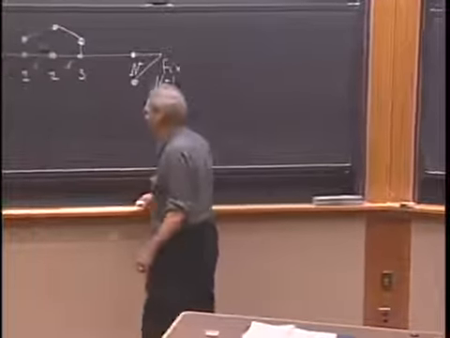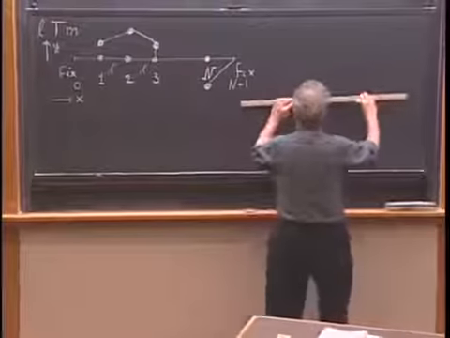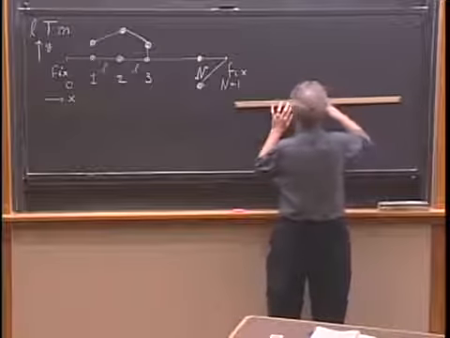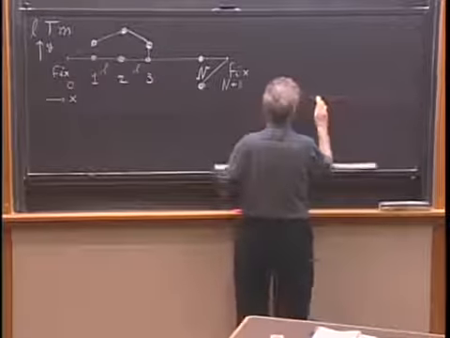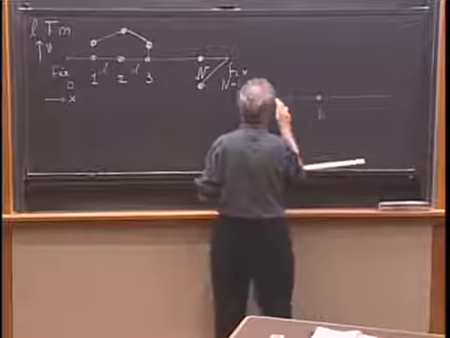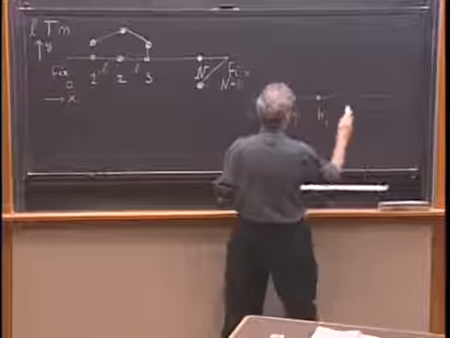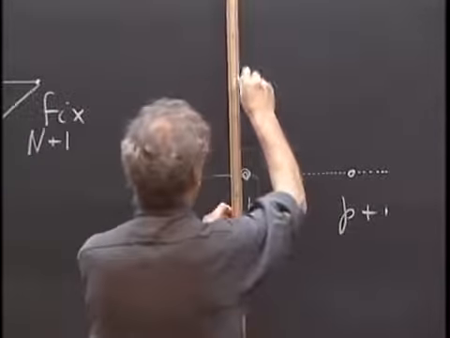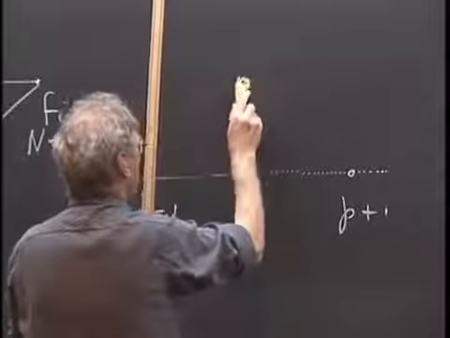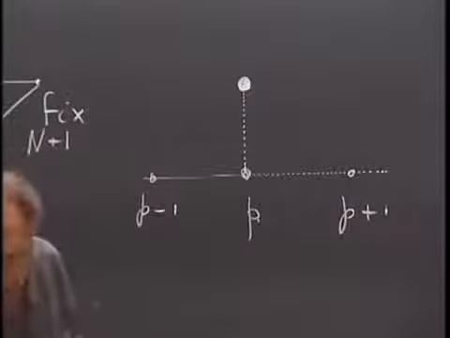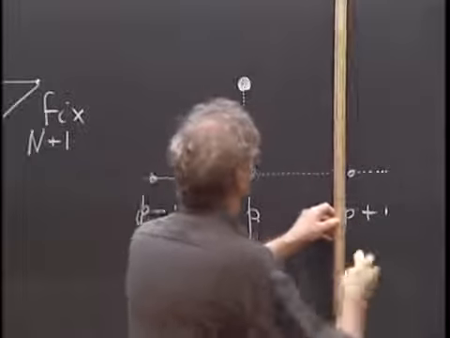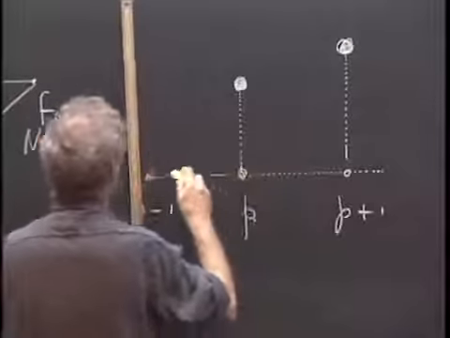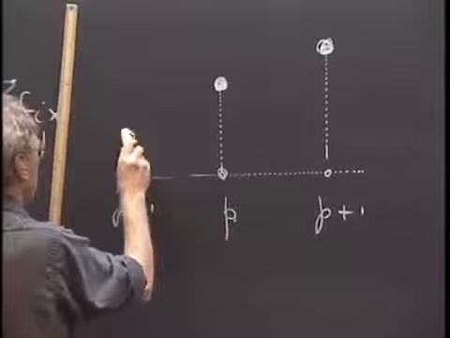And so now I'm going to make a blown up version here for particle number p. So this is particle p, and here's the location of p minus 1, and here's the location of particle p plus 1. And at a certain moment in time, let's assume that that little mass m is there, and let's assume that this one is here, and this one is here.